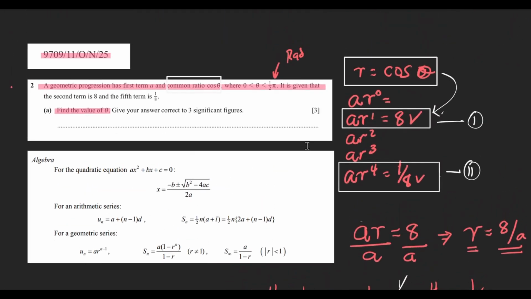Now, let's go back to cos theta. The ratio R is equal to cos theta.